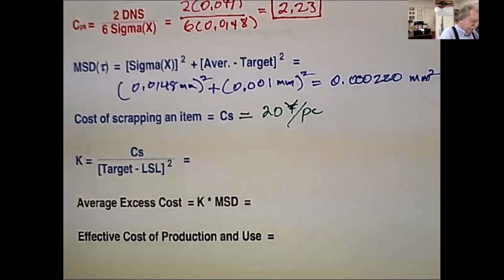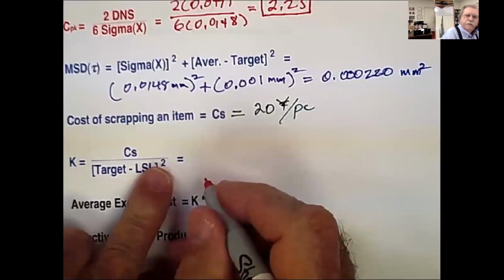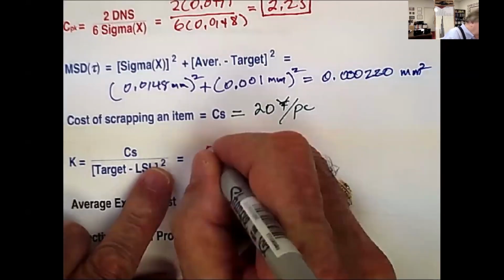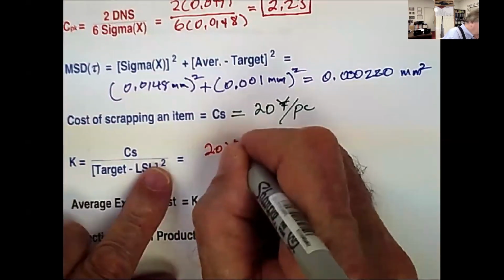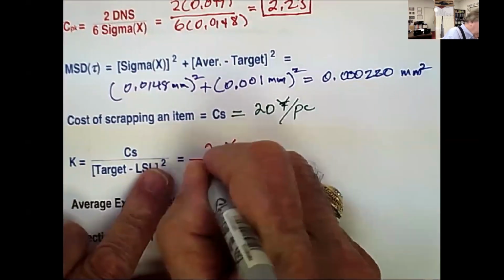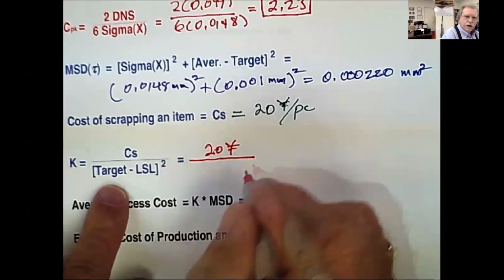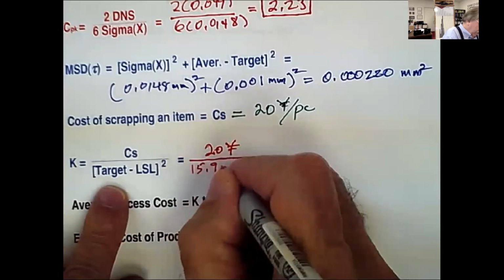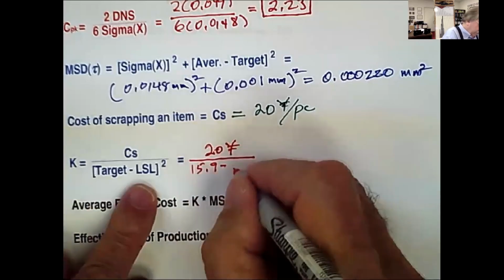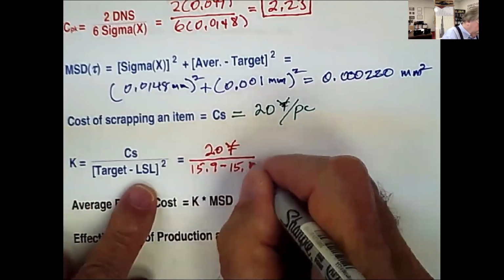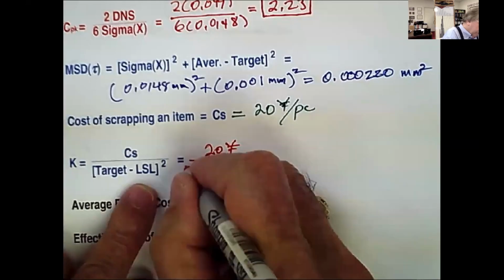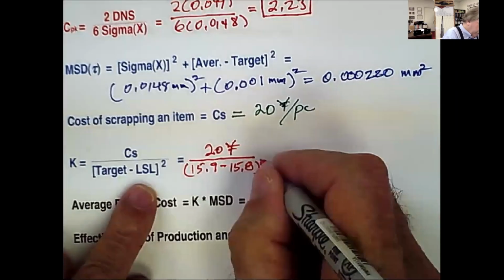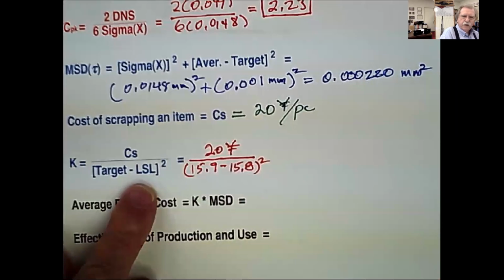So K is the cost of scrapping an item, 20 yen, divided by the target, 15.9, minus the lower spec limit, 15.8, as I'm assuming that if you go outside of the specs, you're going to scrap it, and that distance squared.